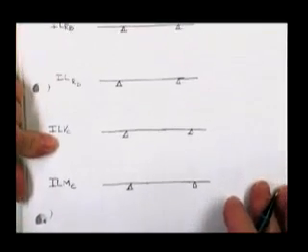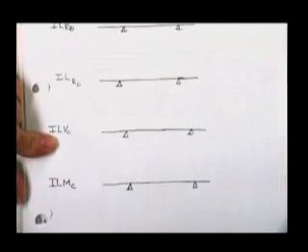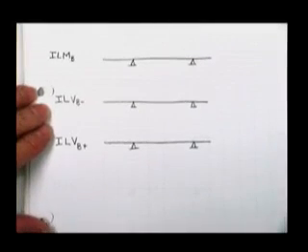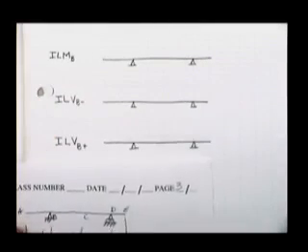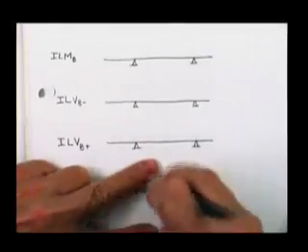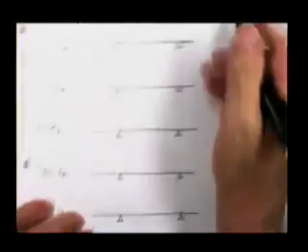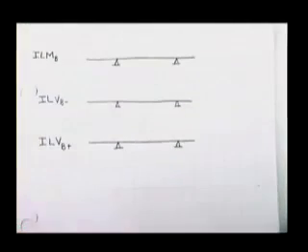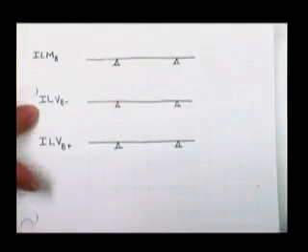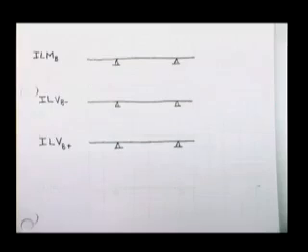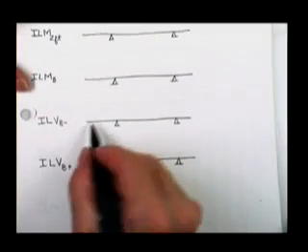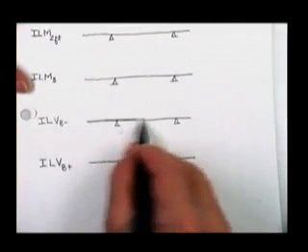Influence line for the shear. We already did a shear at C. Here we go. Influence line for the shear slightly to the left of point B. Here's what I took home.